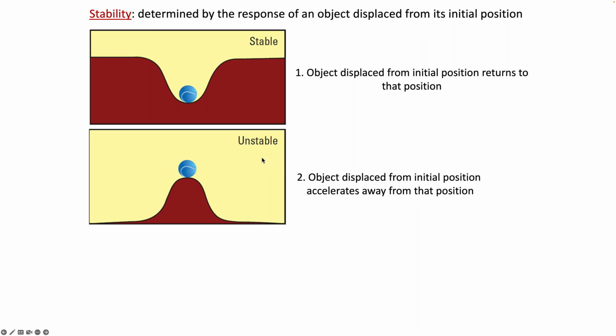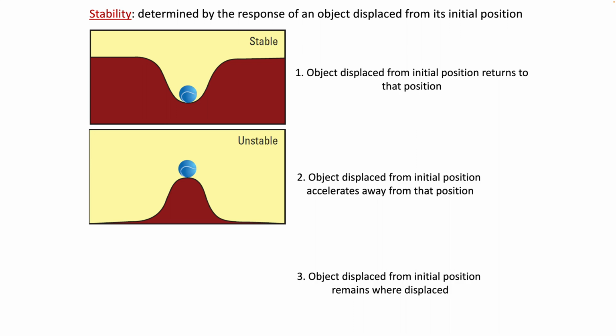So we have an unstable system when an object, after it's displaced from its initial position, accelerates away from that initial position. And finally, if we displace an object from its initial position and it neither returns to nor accelerates away from its initial position, for example, if we take the tennis ball, put it on a flat tabletop or surface, and give it a little poke, the ball will move as long as it has energy from that poke, and then it'll just stop.